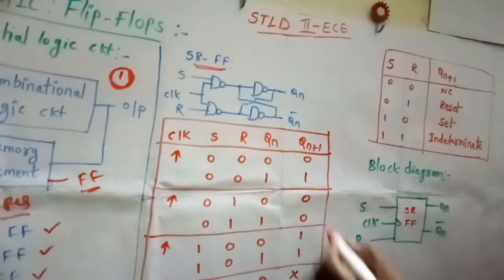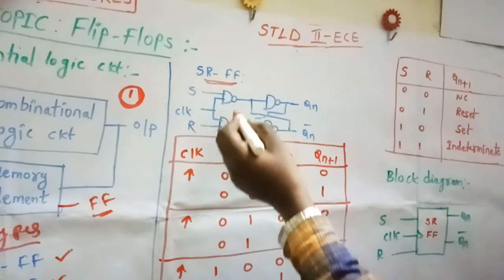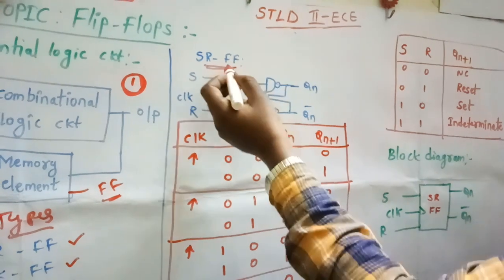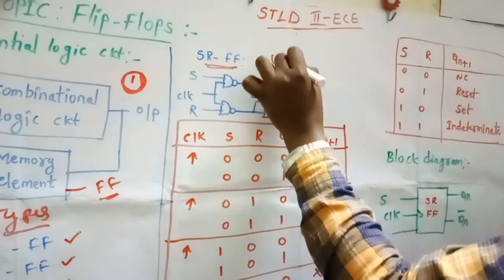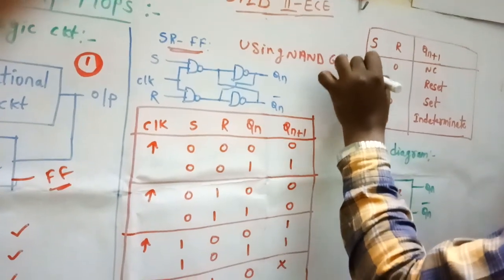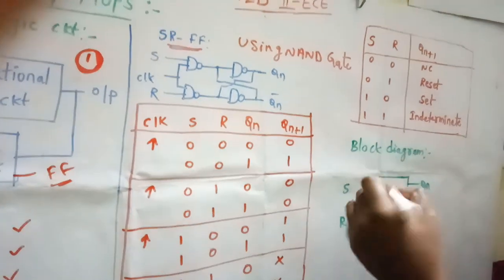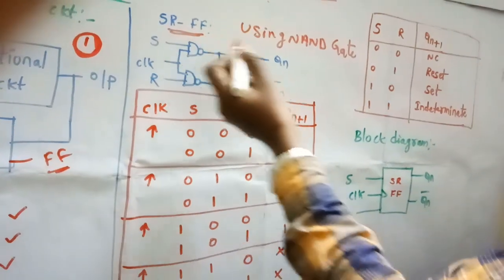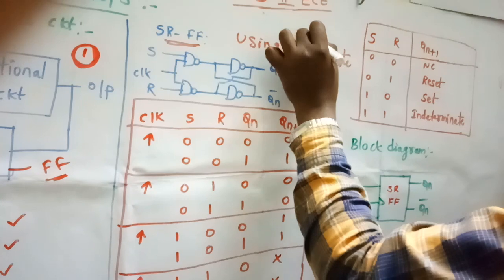SR set reset flip-flop. This is the diagram I am using for the construction of the SR flip-flop. This is nothing but the SR flip-flop using NAND gate. Maybe in the examination they may ask to realize the SR flip-flop using NAND gate. We may realize it using NOR also.